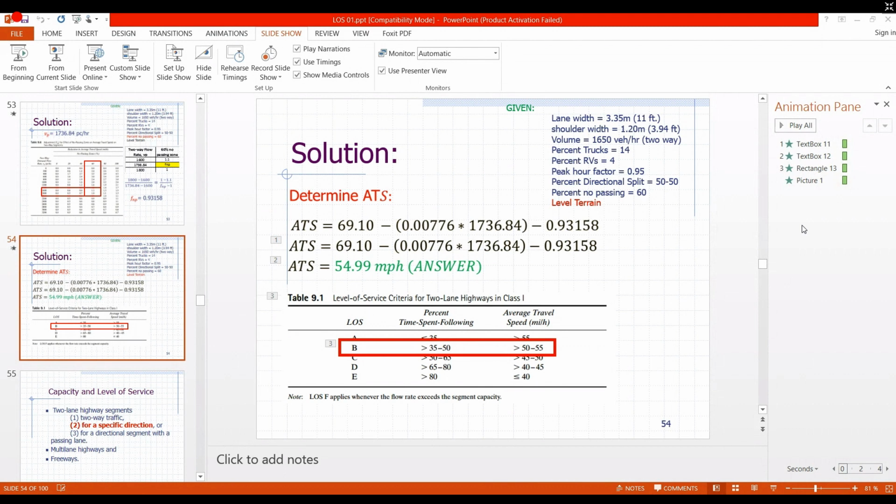Baka tanongin nyo kasi on table 9.4, bakit natin ginamit yung table 9.4 for your ATS? Ang title niya is PTSF lang. Ito pa rin yung table natin na gagamitin natin since walang ibang table.